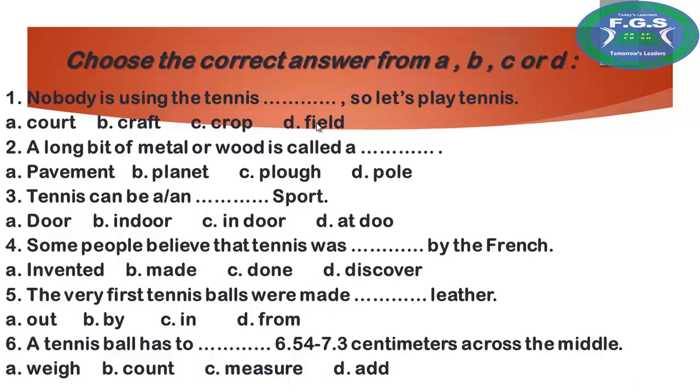Great, court. So nobody is using the tennis court, so let's play tennis. Number 2, a long bit of metal or wood is called a pavement, planet, plow, or pole. Great, pole. So a long bit of metal or wood is called pole.